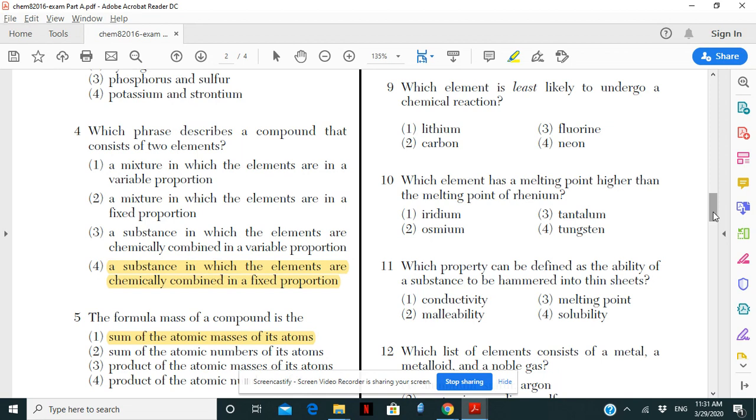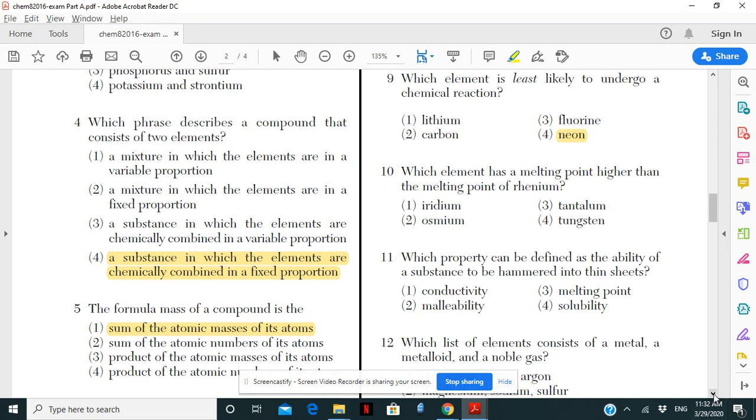Lithium, as we know, is an alkali metal, it reacts. Fluorine, a halogen, reacts. Carbon is a non-metal, it reacts. Neon is the only noble gas, has 8 electrons in the outer shell, so it will not participate in a reaction.